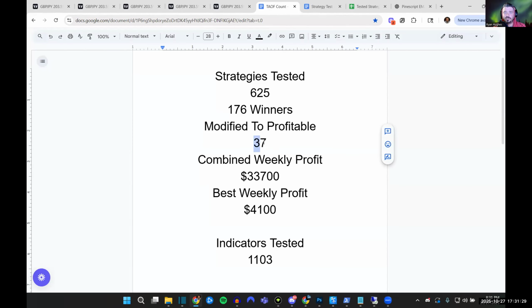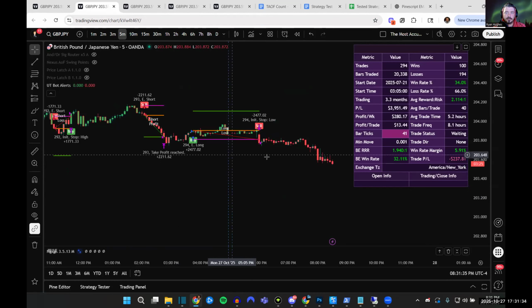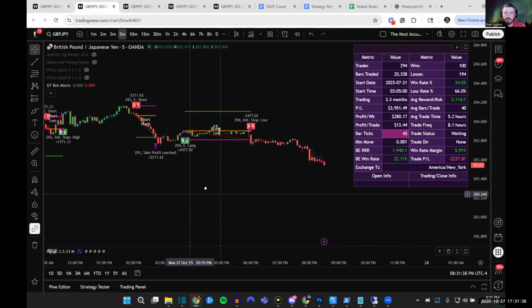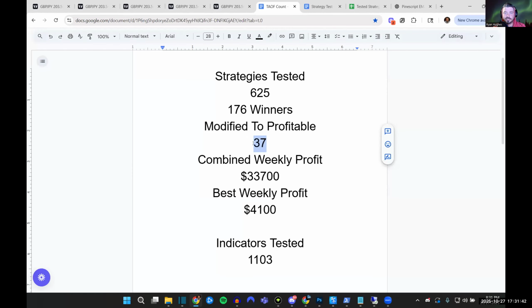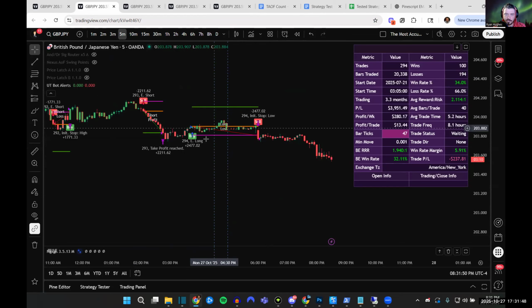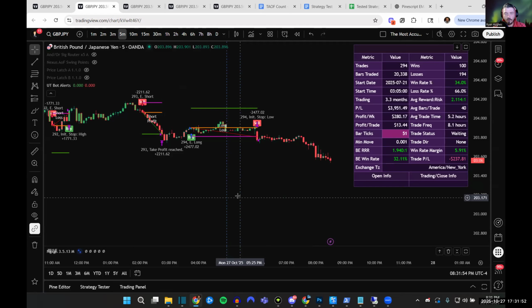Almost 40 strategies now. We're at 37 strategies, and I'm about to do a video on this one right here when we get off the call here for tomorrow. This one I was able to make profitable just like all the other 37 strategies by just doing very basic flips of the logic and doing position management. That's all it is.